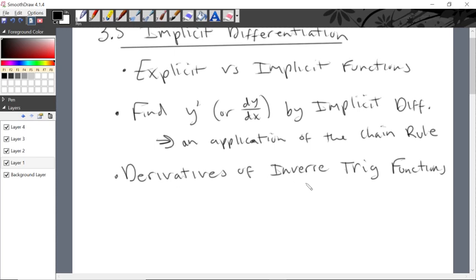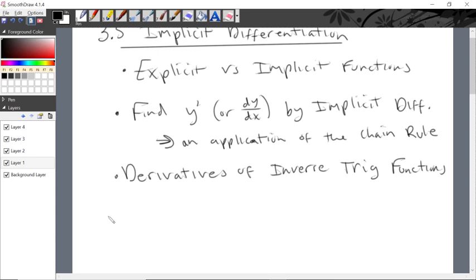In this section, we'll look at the derivatives of the inverse trigonometric functions, such as arcsine, arccosine, arctangent, arcsecant, arccosecant, and arccotangent as well. And in the next section, we'll introduce the derivatives of logarithms, which can also be derived because the logarithm functions are inverses of the exponential functions, which we've previously found the derivatives for.